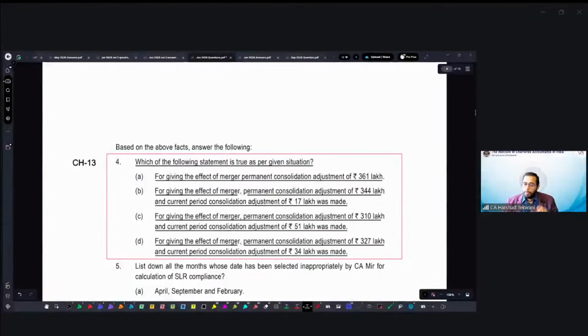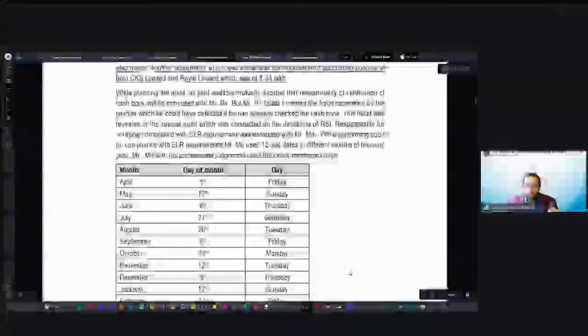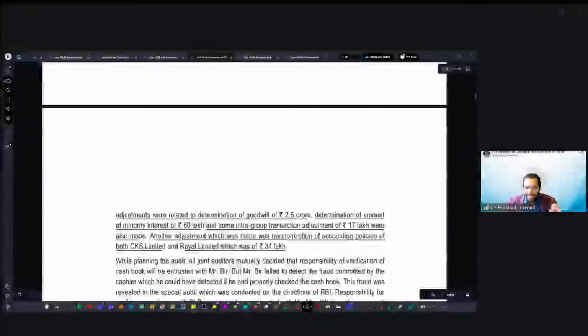So, based on the given scenario, tell me which are the permanent consolidation adjustments and which are the current consolidation adjustments. Let me go back to the question. Now, these are some adjustments. Tell me what is permanent, what is current period.